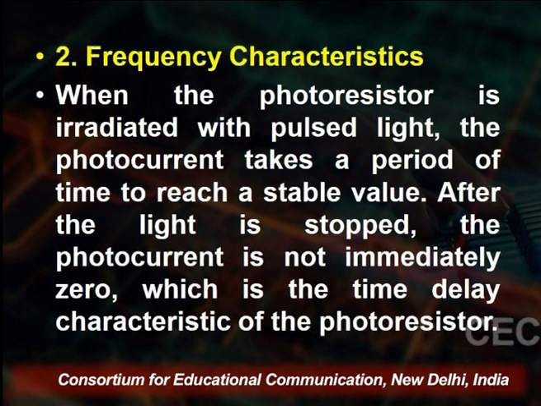Among the other parameters, we have the frequency characteristics. In this type of photoresistor, when the photoresistor is irradiated with pulse light, it means the frequency is changing. Now, we are not using a continuous source, but a pulse light.